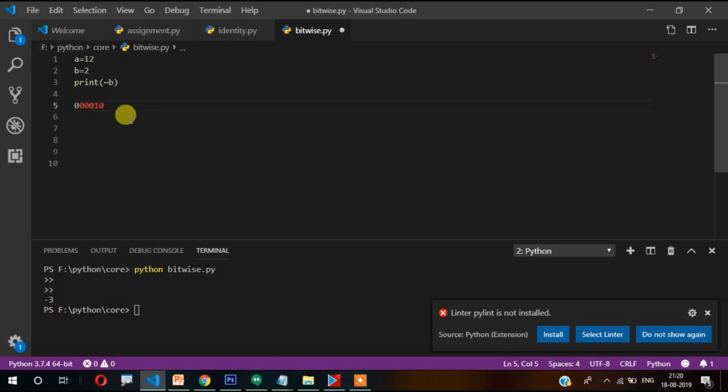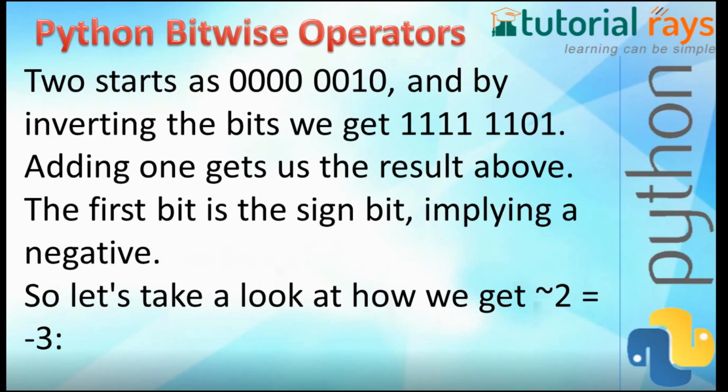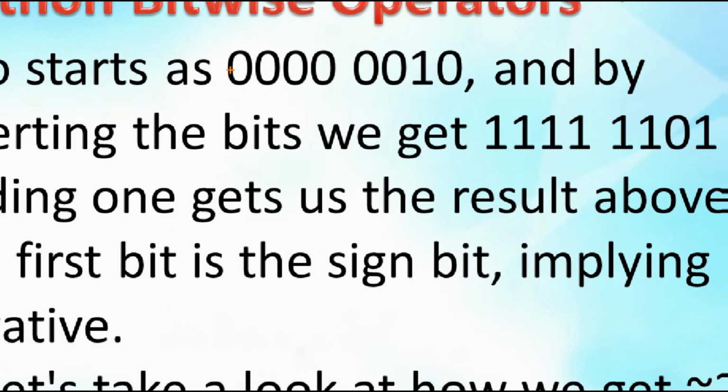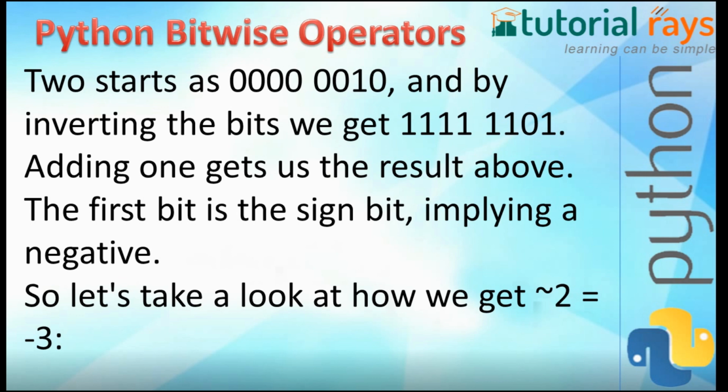But if you convert this as 8 bits, then its inverse will be like this, 2's complement. So 2 starts as 0 0 0 0 0 0 1 0, and by inverting the bits we get 1 1 1 1 1 1 0 1.